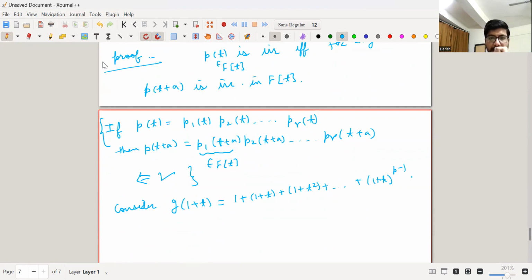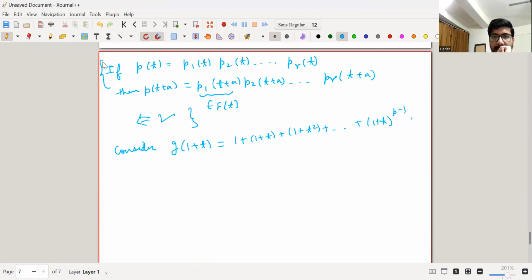Okay, so one trick is, since g of t is 1 plus t plus dot dot dot t^(p-1), it is the same as (t^p - 1) divided by (t - 1).